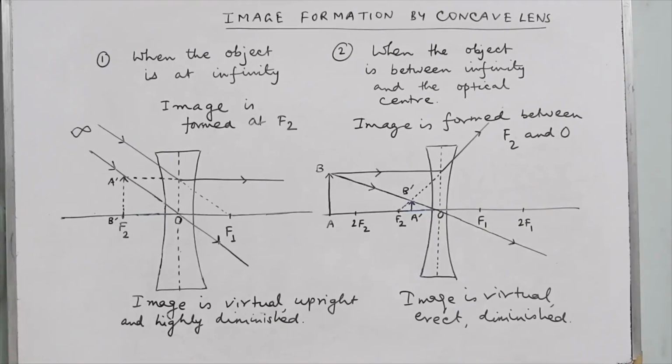The image is always virtual, erect and diminished. Concave lenses never form a real image or a magnified image. They always form virtual and diminished images. So this is the conclusion regarding image formation by convex lens and concave lens.